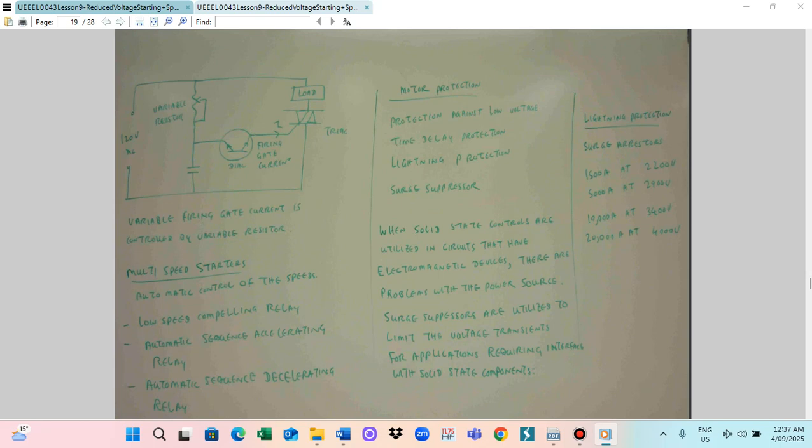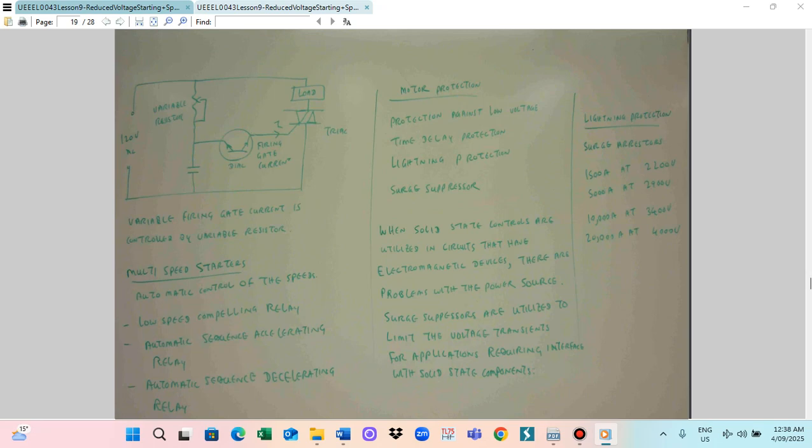So this is motor protection. Motor protection requires protection against low voltage, time delay protection, lightning protection, and the surge suppressor. They are additional equipment to properly protect the solid state and motor drive system.